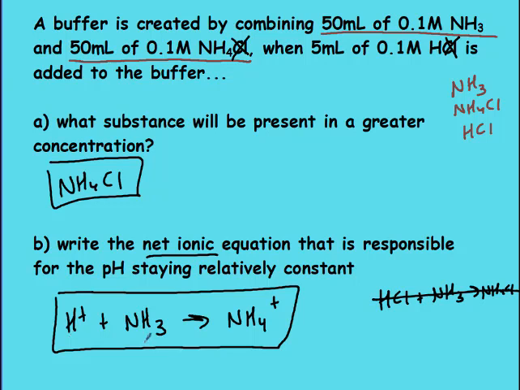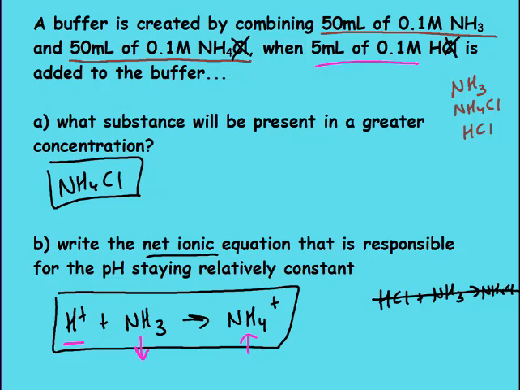When the H reacts with the NH3, my NH3 is going to go down in concentration. I'm not going to have any HCl left because it's going to react all the way since I had less of it. And I'm going to be producing NH4Cl. So in the buffer, whichever one is reacting with the acid or base is going to go down, and the other piece of the buffer is going to go up in concentration.